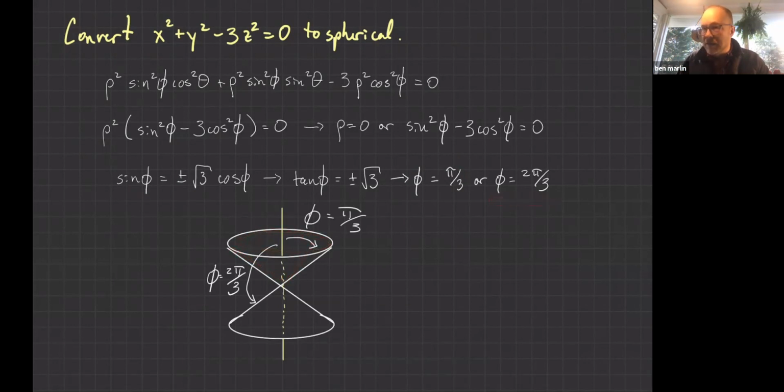If you do negative root 3 instead of positive root 3, then the angle you've got is actually down here at the 2 pi over 3 instead. Okay. So one of the things that you should spot out of this is when we say phi equals an angle, we're going to have a cone which has as its axis either the positive or negative z-axis, depending on where the angle is at. Okay.